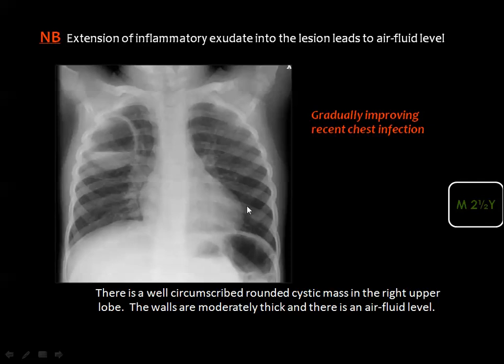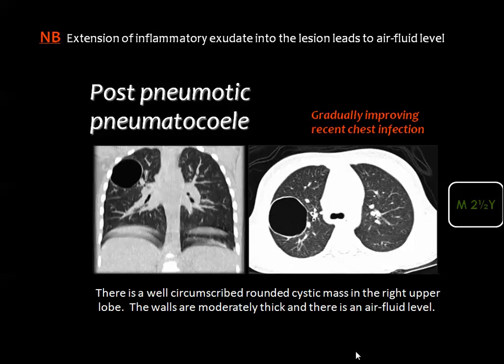But in the pediatric age group, an infected pneumatocele is more common than a true lung abscess. If you see a lesion like this, you may think that this is a lung abscess with an air fluid level, but the possibility of an infected pneumatocele is better in the pediatric age group than in adults.